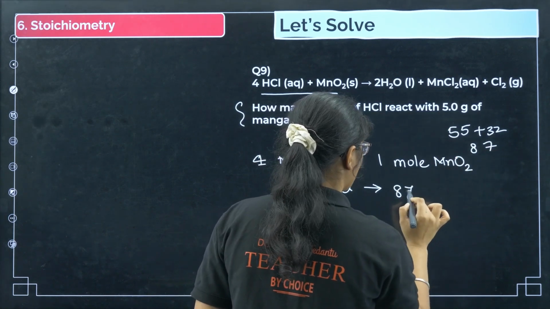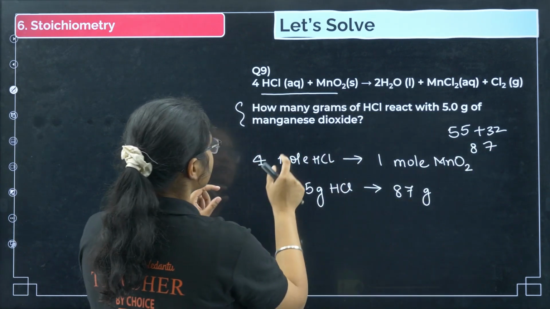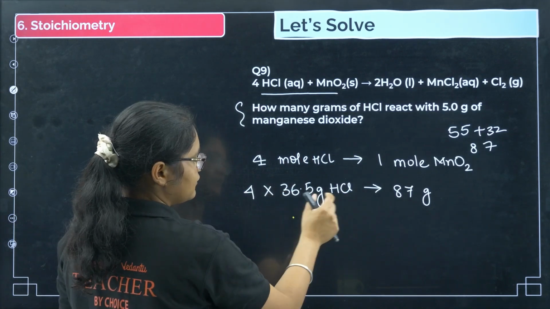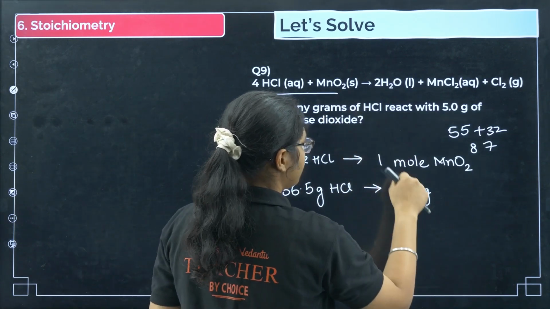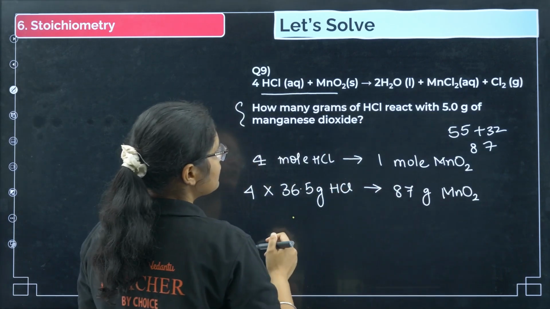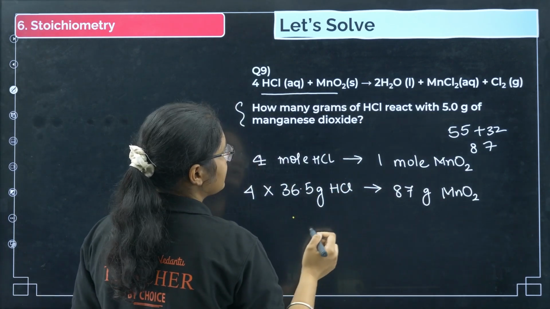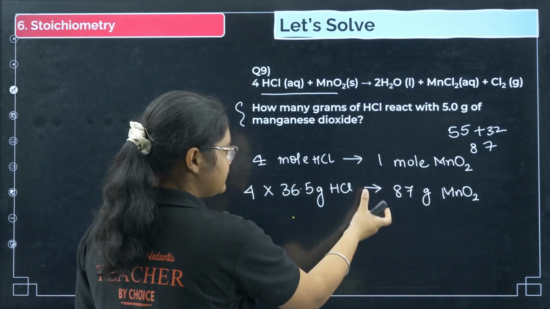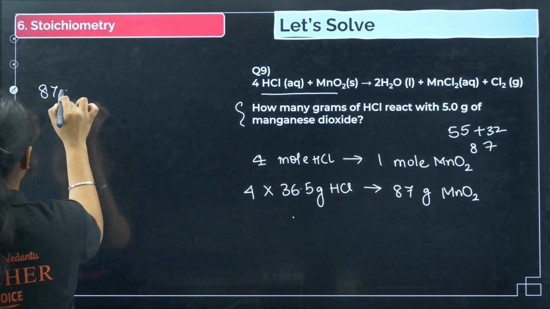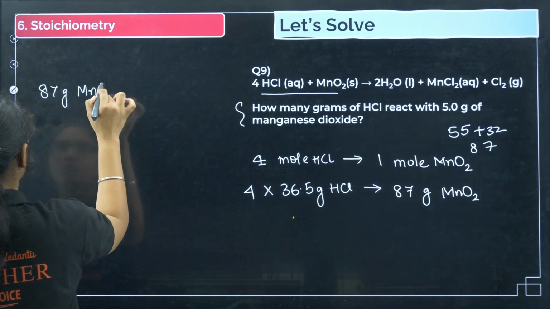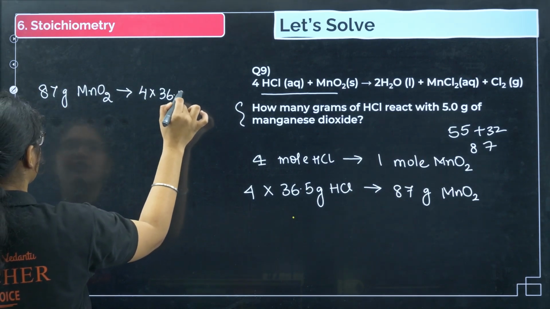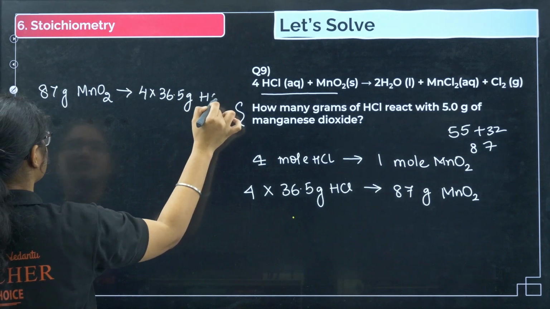So 4 moles of HCl react with 1 mole of MnO2, that is 87 gram of MnO2. Now I want to calculate for 5 gram of manganese dioxide. I can write this in the reverse way: 87 gram of MnO2 reacts with 4 into 36.5 gram of HCl.